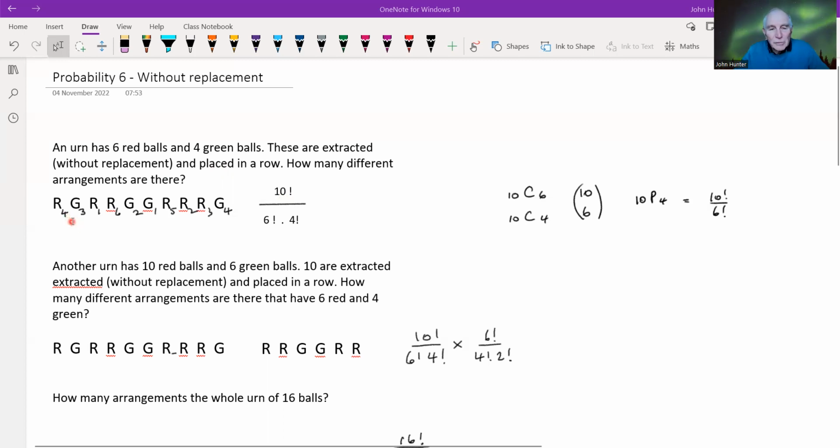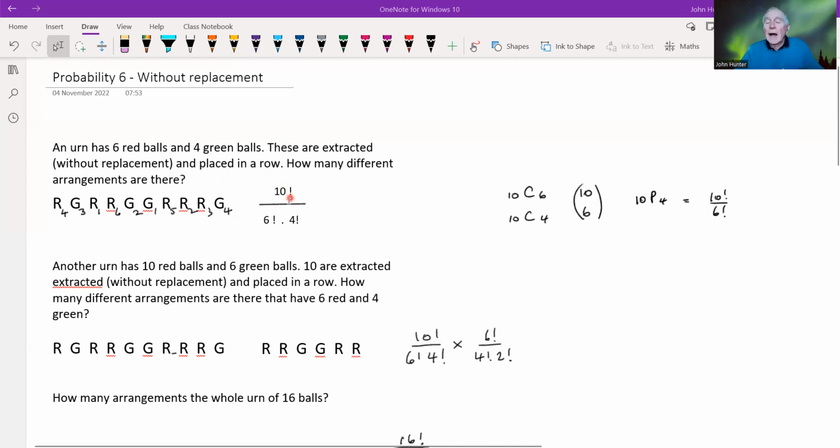If we happen to get a similar arrangement in terms of reds and greens, but the numbers were different, then as far as we're concerned, that would be the same arrangement. We wouldn't be able to spot one red ball from another. So in terms of the number of arrangements, this 10 factorial overcounts because it's counting the same arrangement, but with the numbers in different places, more than once. So we have to factor that out.